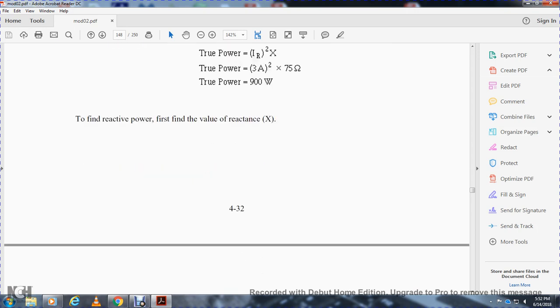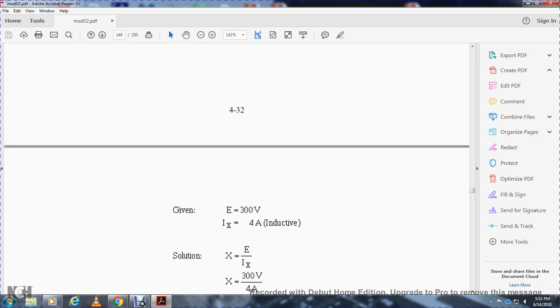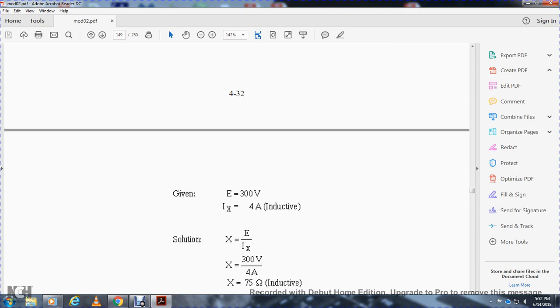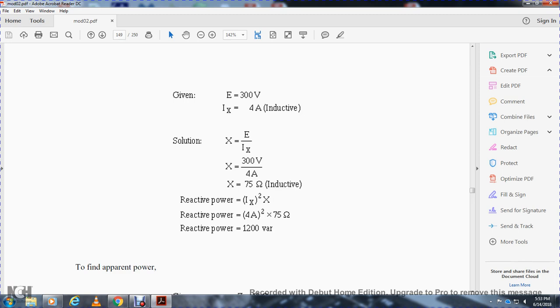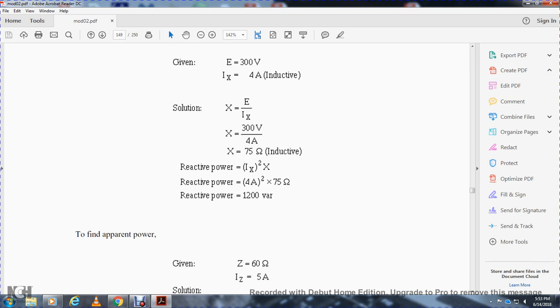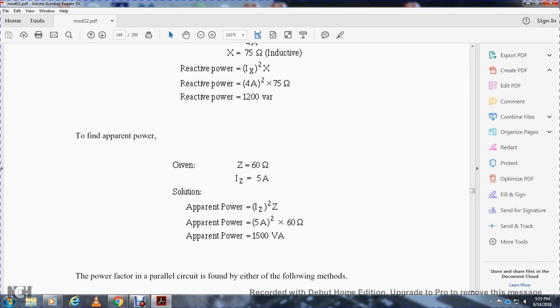To find the reactive power, first find the reactance X. The voltage is 300 volts and the inductive reactive current is 4 amps. So the reactance of 300 volts over 4 amps would be 75 ohms inductive. The reactive power is 4 amps squared times the 75 ohms reactance, equals 1200 VAR.